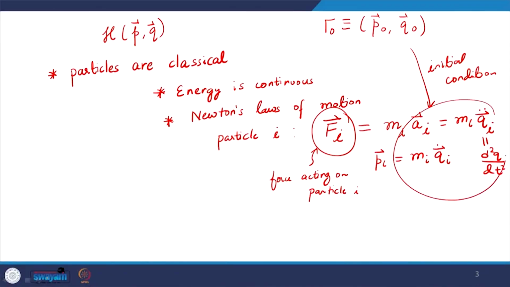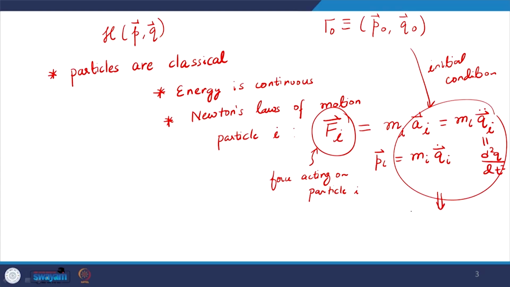Now, why do I say that we cannot solve it analytically? The reason being that, first, how will I find these forces acting on the particle? And the second point is how many equations do I have to solve? So, let us say even if I know the forces by whatever means, then this quantity essentially is meaning how many differential equations.